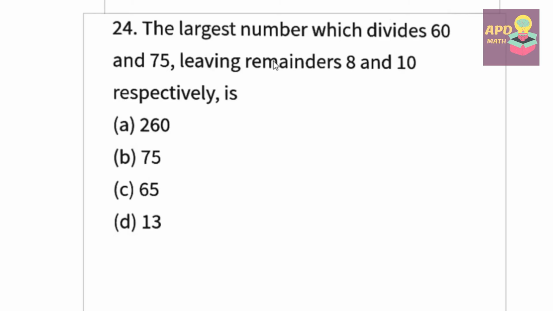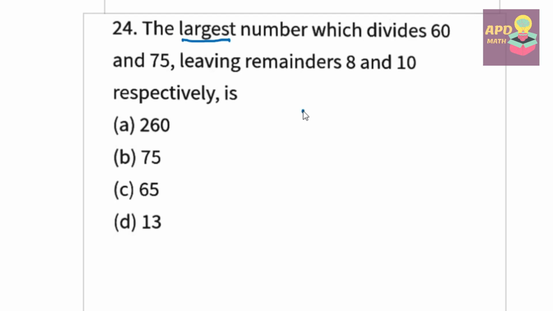For the largest number you have to find the HCF, highest common factor. When 60 is divided, the remainder is 8, and when 75 is divided, the remainder is 10.